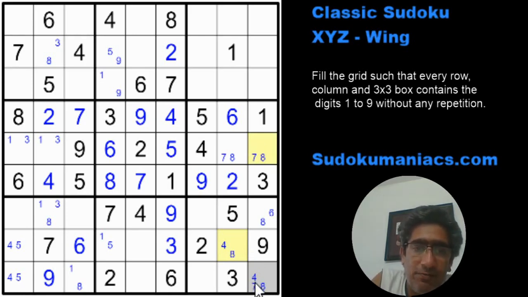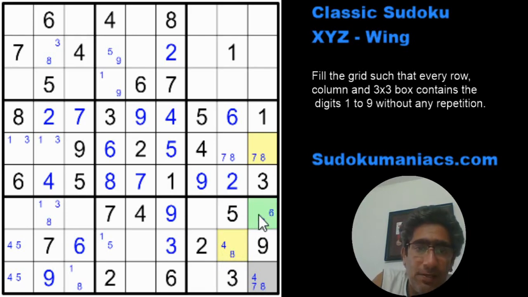Alright, so if this is a 4, this would be an 8. If this is a 7, this would be an 8. And if this was an 8, it would still be in this column. So we look for a cell which is common or buddy to all these three, right?